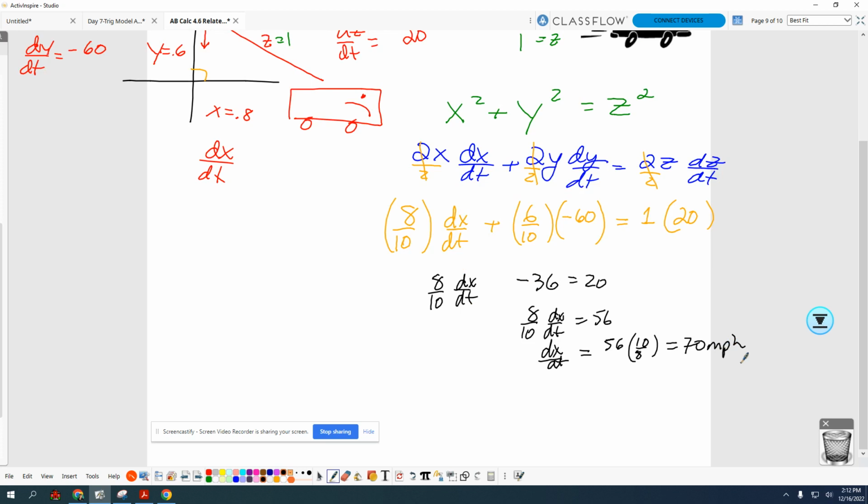To get just dx dt, multiply by 10 over 8 and I get 70 miles per hour.